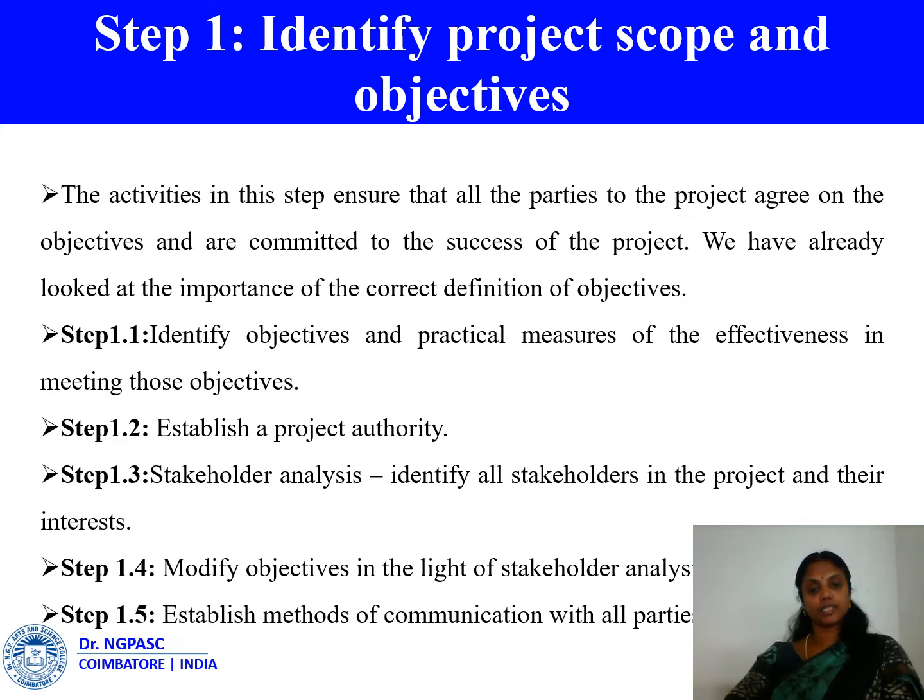The fourth one is making modifications in the objectives if needed, because in the first three steps we have seen the objectives and the shortcomings we may face in meeting them. If there are any major shortcomings, in this step we can modify the objectives as we go on developing the project. The last one is establishing the methods for communication with all the parties involved in the project.